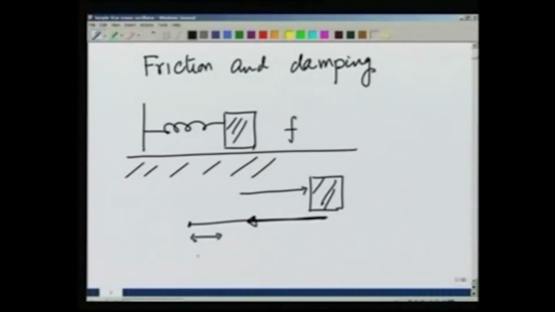In that case, the equation of motion is going to be m x double dot is equal to the force by the spring, minus k x, plus a frictional force F. I have written this plus sign because when the block is moving this way, the frictional force is going to be in the positive x direction like this. This equation is valid as long as the block is moving to the left.